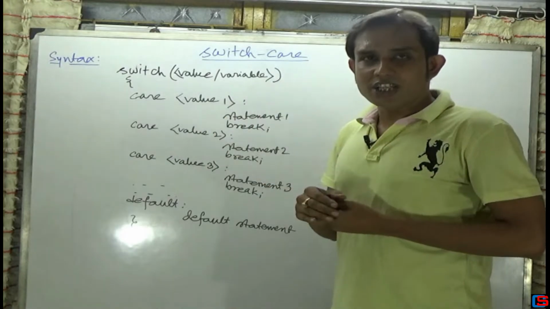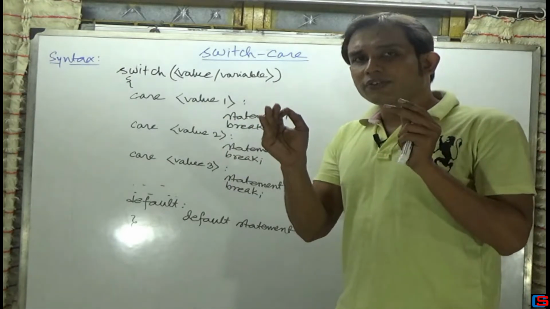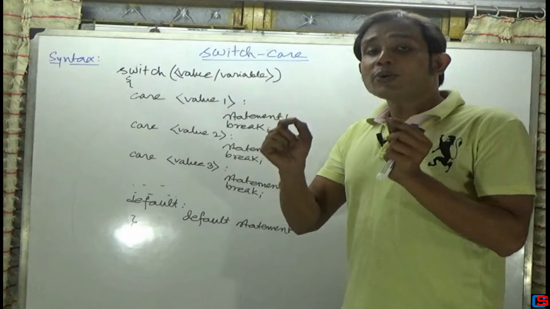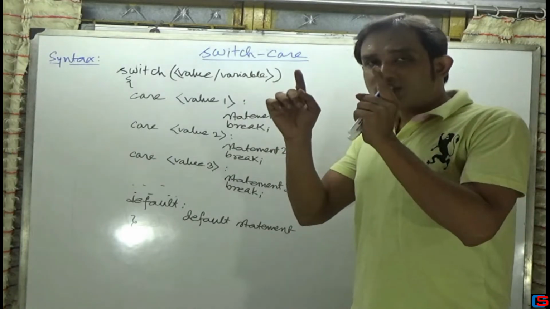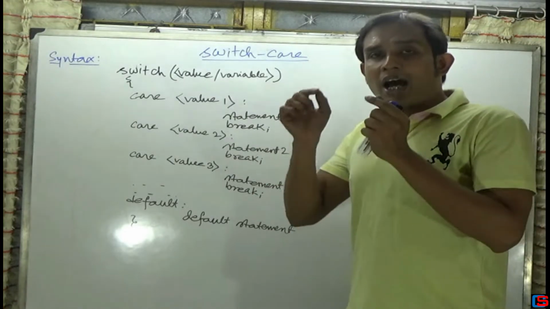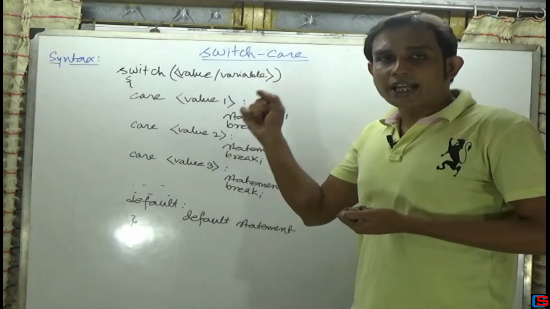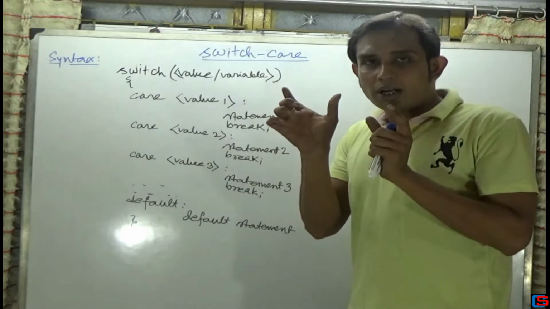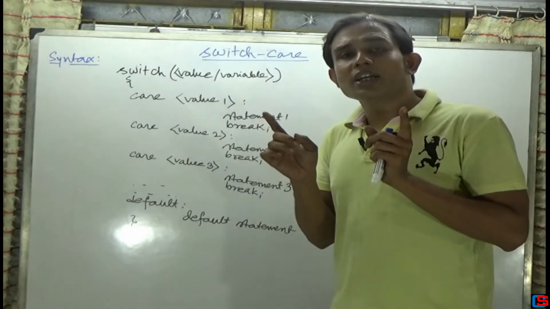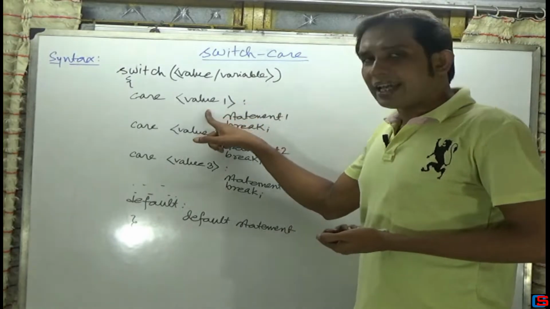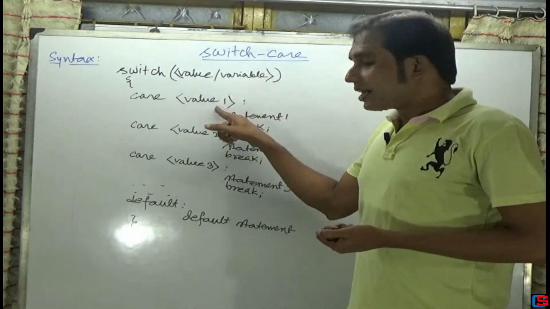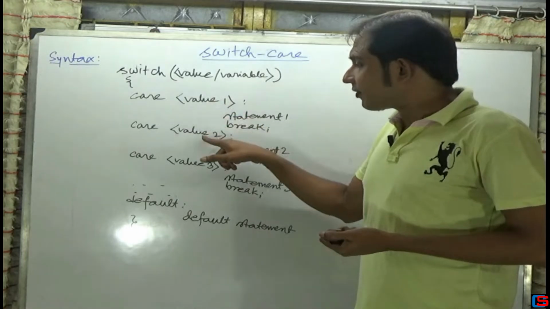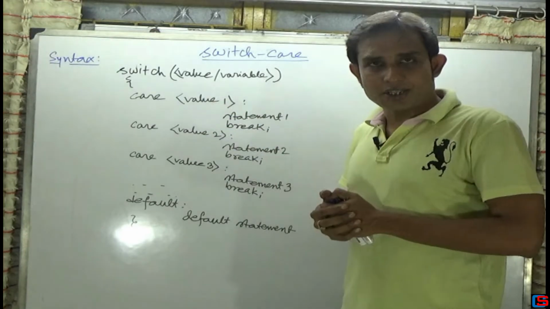The basic difference is that in the if statement, you can remember that in the syntax portion I always wrote the word condition within the brackets of the if, but in this case I have not written the word condition. I have written the value 1, value 2 like this.